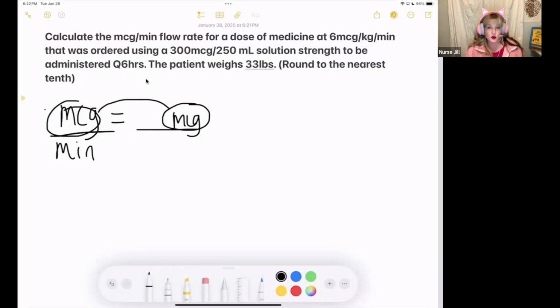Now, for real life purposes, things like this do matter. For dosage calculation, though, I want to focus on the numbers and the labels. So if I used 300 micrograms, I would have to attach that to 250 milliliters because my rules say that I want to keep things attached together in my equation that are attached together in my question.